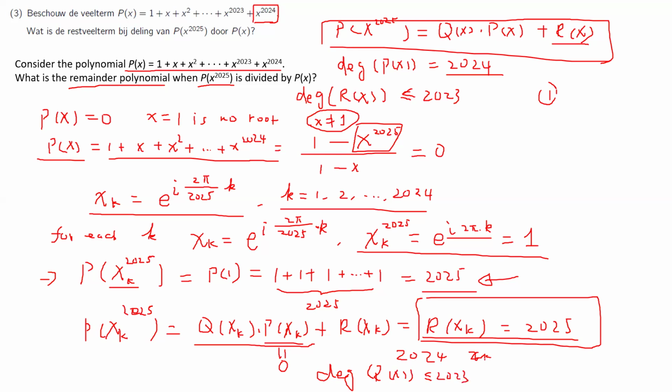So that means R(x) equals 2025, so R(x) itself is a constant polynomial. Otherwise, we won't have 2024 roots for this equation. So that's why the remainder polynomial R(x) is 2025. So 2025 is the answer to this question.